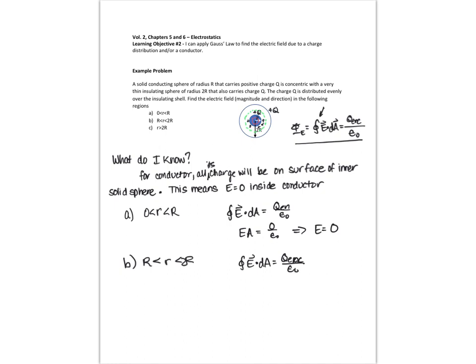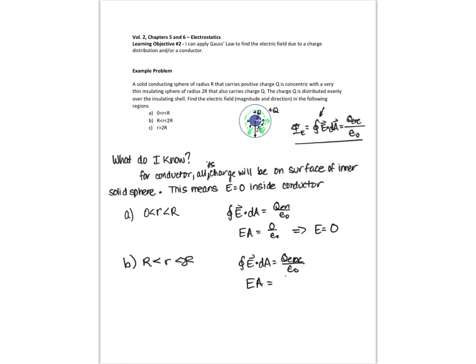And again, I expect the electric field is going to be radiating outward from here, like this. And so my electric field is going to be parallel to my area vector, and I think everywhere on the surface of that green sphere that I've outlined, the electric field will be constant. So it's just E times A.